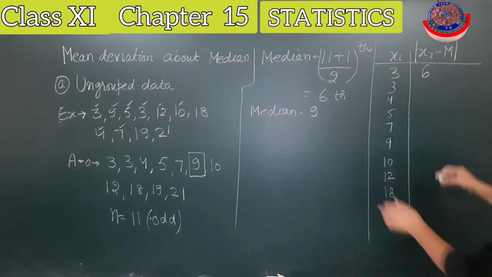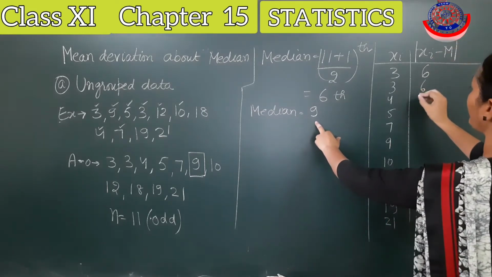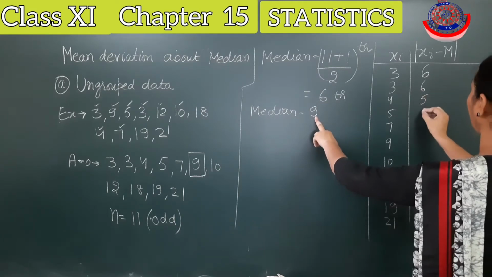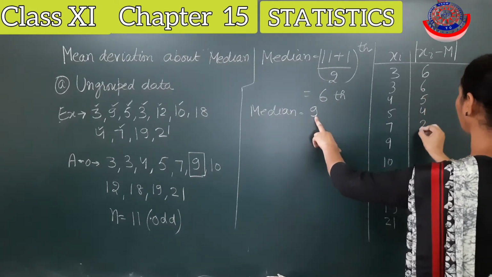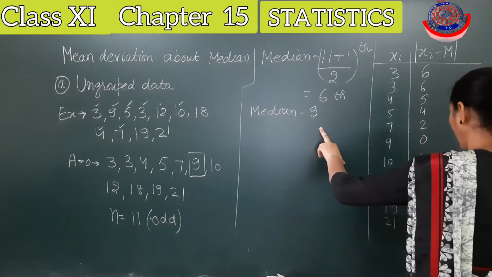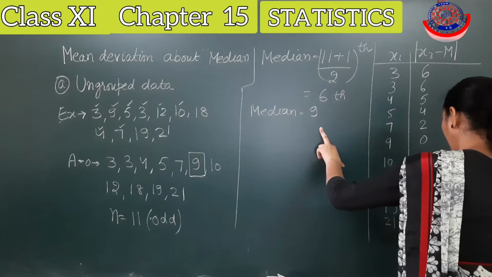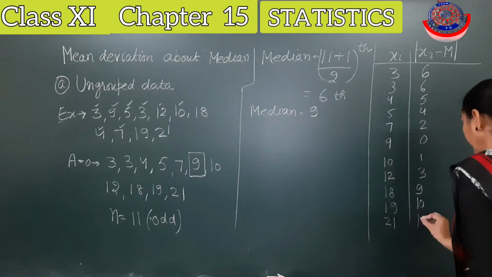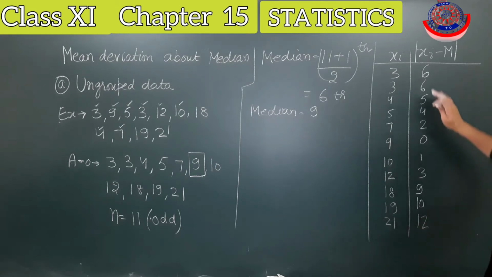Again 6, 4 minus 9 gives 5, 5 minus 9 gives 4, then 2, 0, 1, 3, 9, 10 and 12. So we have obtained xi minus median and the absolute value of that.